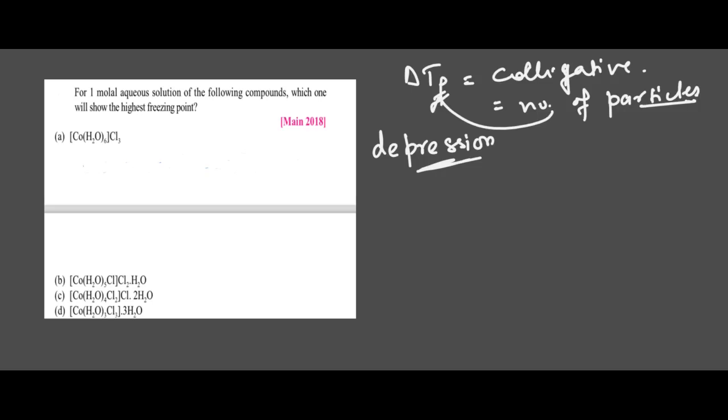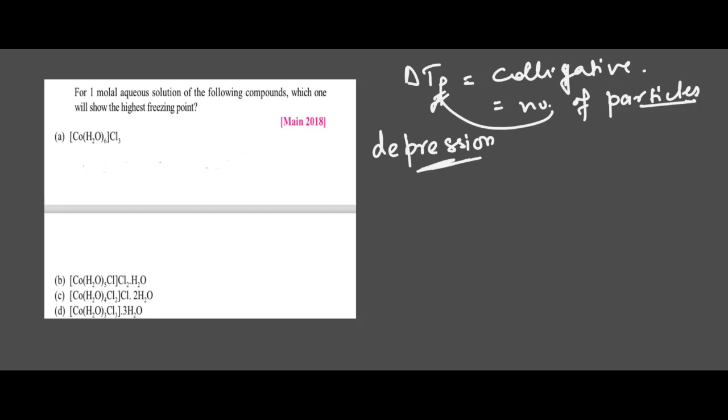Out of the 4 options given, all of these are coordination compounds, or complexes. In case of a complex, the coordination entity will not dissociate. Only the ions which are written outside the bracket, outside the coordination entity, will dissociate.